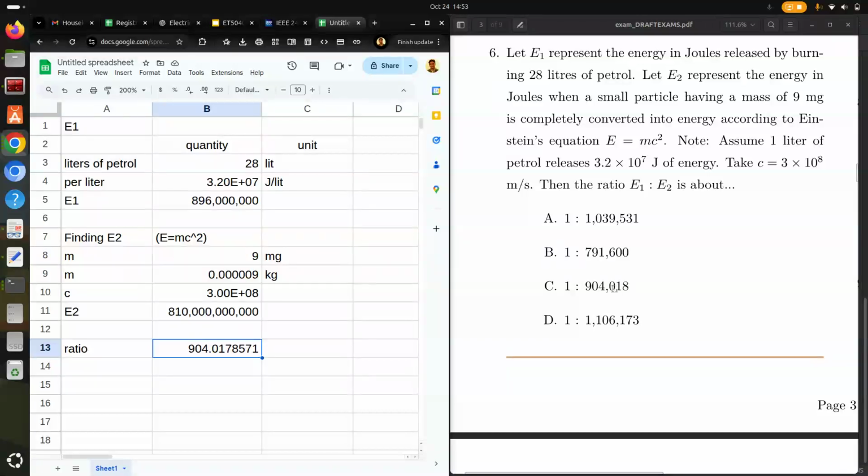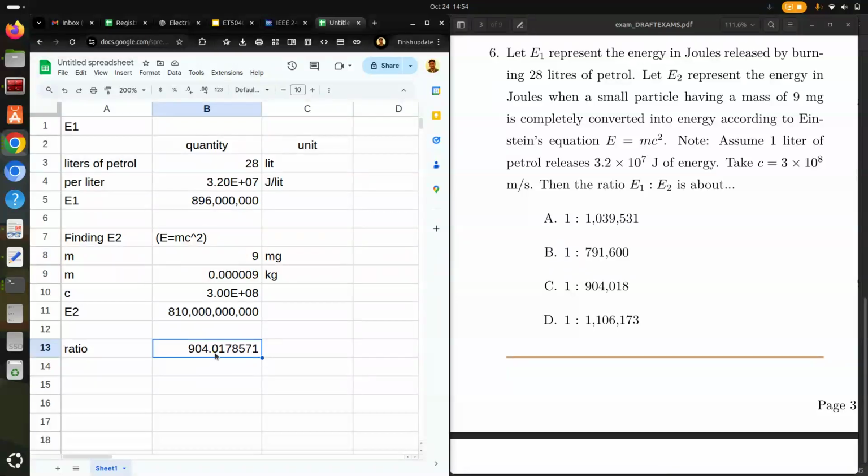It's matching with one of the answers, but it looks like there is some issue with the units. No, I think it is not that issue. In LaTeX it is correct: it is like 9 lakh 4,000, whereas here it is 904.